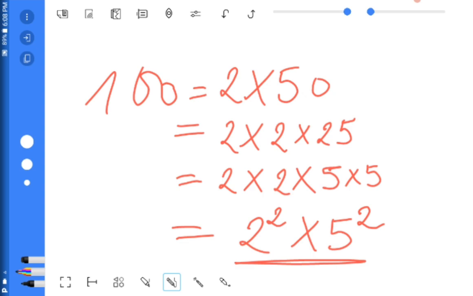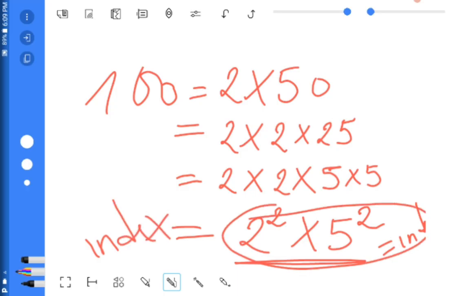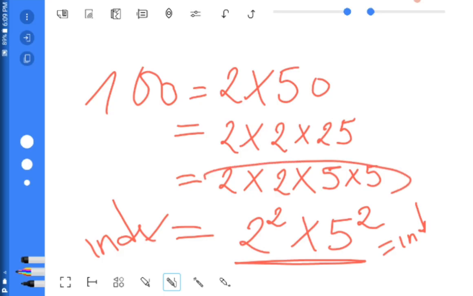Now this number is an index number. So when they want you to write a number in index form, this is what they want. You write the number like this. That number is in index form. While this number is in expanded form.